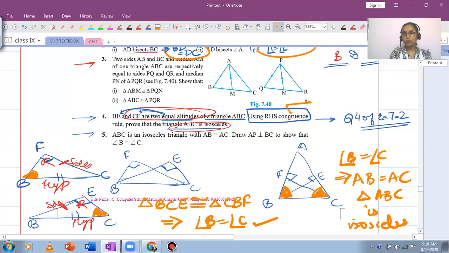You can note down that this is a restriction here, so that's why we have done it this way. Otherwise, if we look at the question we did in the previous exercise, the answer comes simply from the first congruence. We had taken the triangles in which angle A is common, the triangles formed at the top, ABE and ACF. Compare the 2, and I think you should remember this.